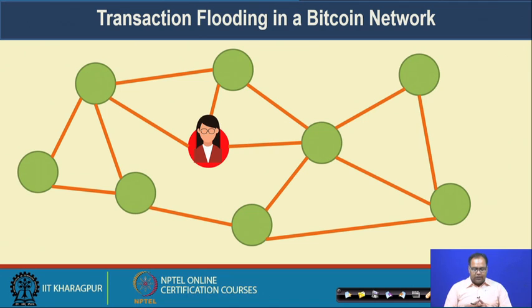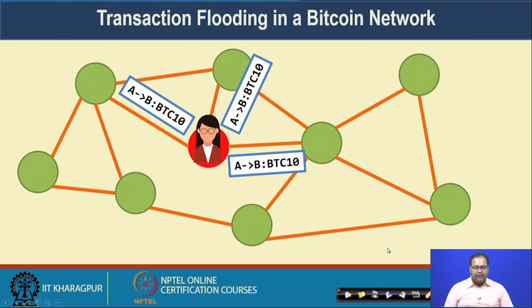After getting it, Alice can start initiating transactions. Once Alice initiates a transaction, she broadcasts it to her peers, so the transaction gets broadcast in the peer network.